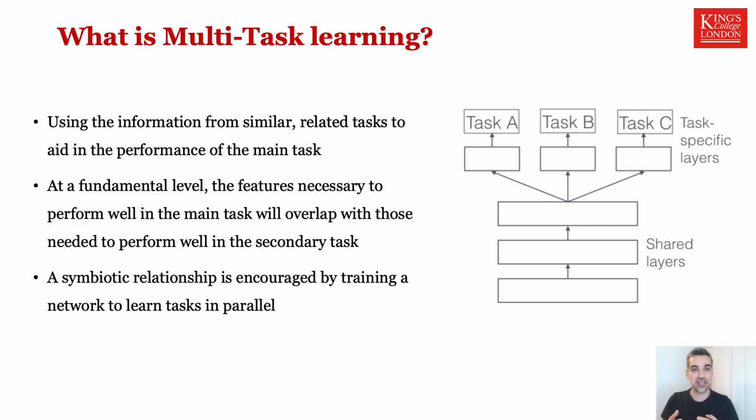And because of this, networks can use this complementarity between objectives to extract features that are more robust. And really at the fundamental level, what we want is for a network to perform well on a series of tasks, not only on the first and on the secondary task, but both of them at the same time.